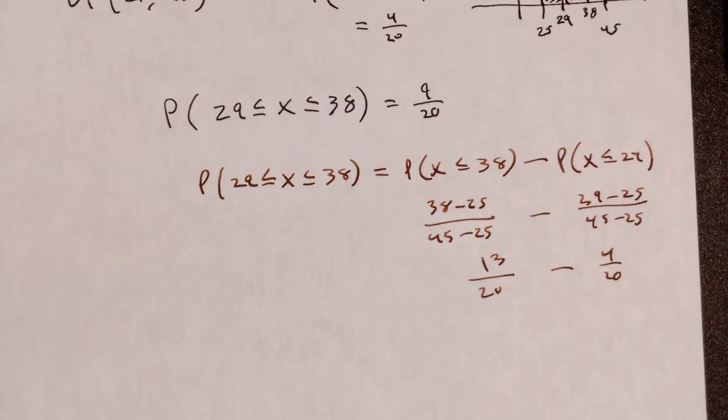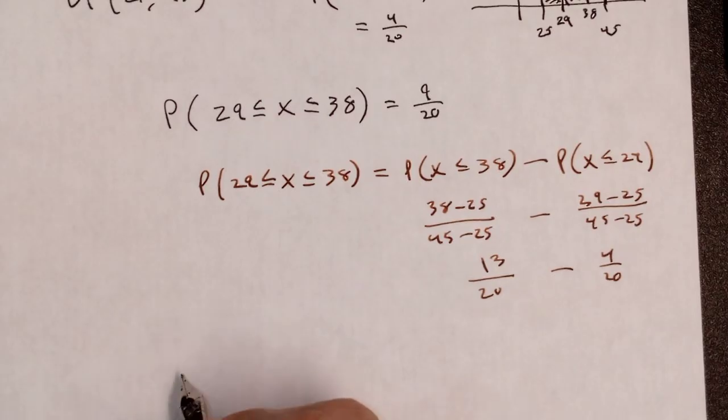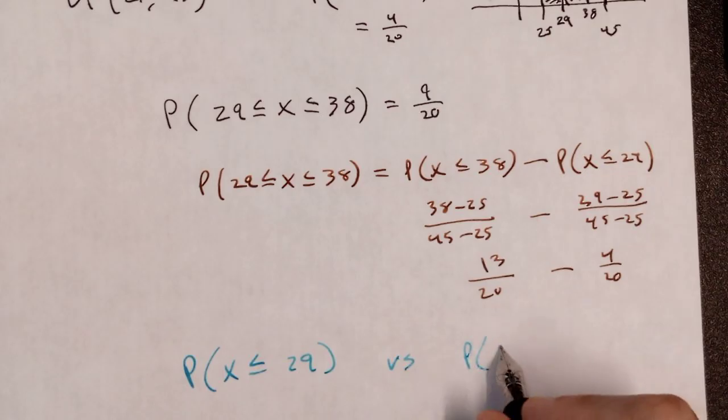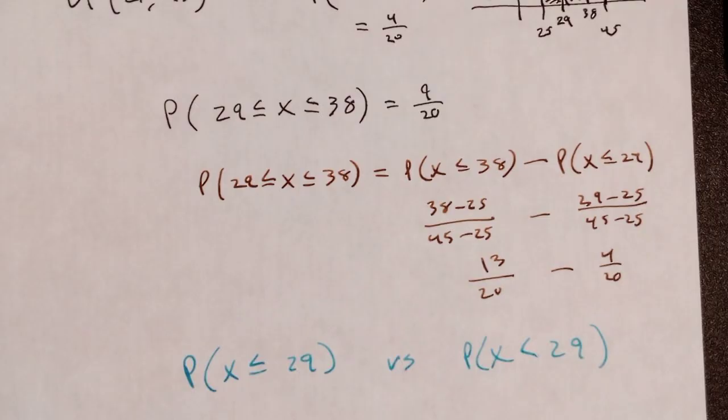Why is this not going to be a problem? Because really what I should have used is this one, P of x strictly less than 29, and that would include 29. Here I threw out 29. But the difference between these two is just whether or not I use exactly the value 29.